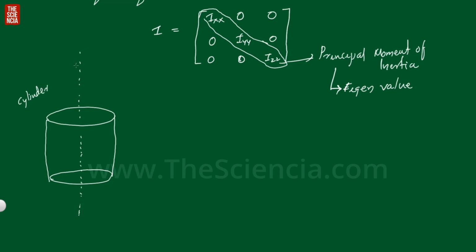This is the axis of symmetry of this cylinder, right? And this axis of symmetry is nothing but its principal axis. And if the body is revolving around this axis of symmetry, that is around the principal axis, then we get the principal moment of inertia.